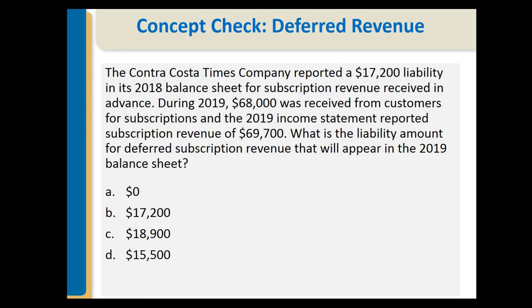So let's look at this concept question. The Contra Costa Times Company reported a $17,200 liability in its 2018 balance sheet for subscription revenue received in advance. During 2019, $68,000 was received from customers for subscriptions, and the 2019 income statement reported subscription revenue of $69,700.